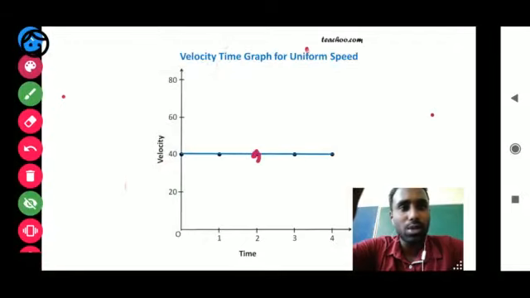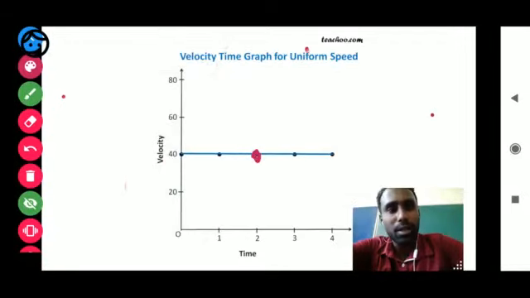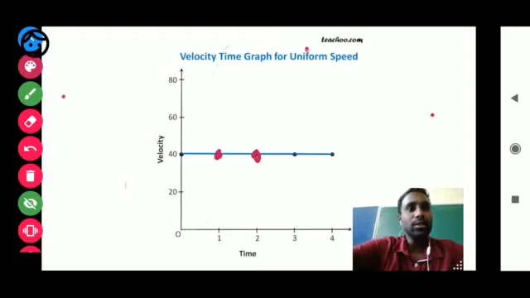The next 1 hour also it covers 40 kilometers per hour, and here also 40. The third hour also you covered 40 kilometers per hour, and the next also 40 kilometers per hour. That means you are going at the same speed.